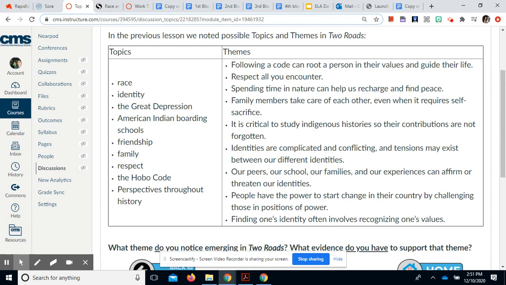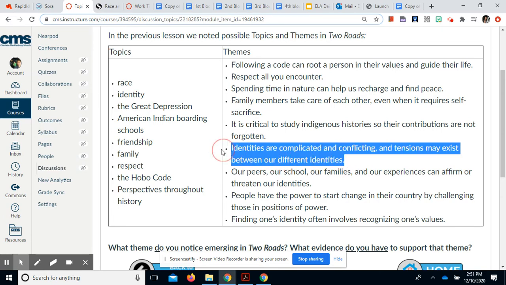We also said that down here where it says identities are complicated and conflicting, and tensions may exist between our different identities, we definitely saw that tensions existed between the different groups at Shillelagh. In this chapter, we saw the full-bloods that were different than the group of students that were half-bloods.